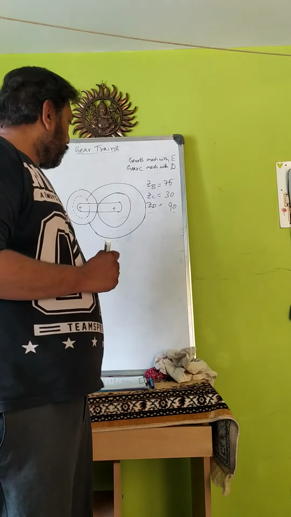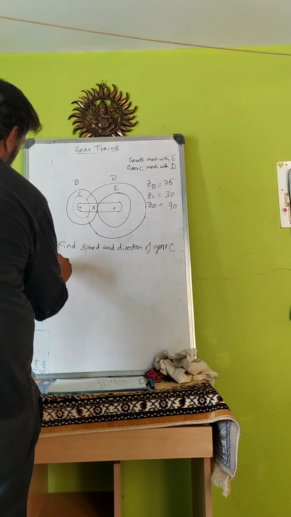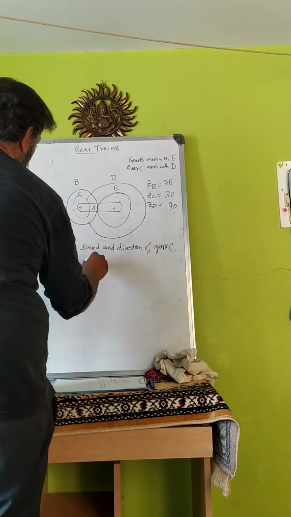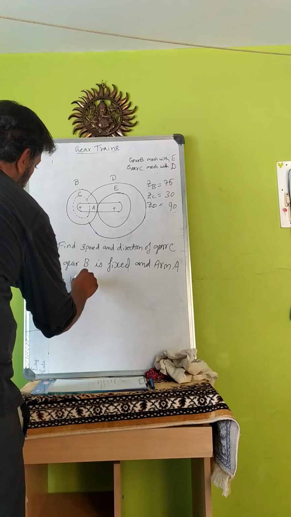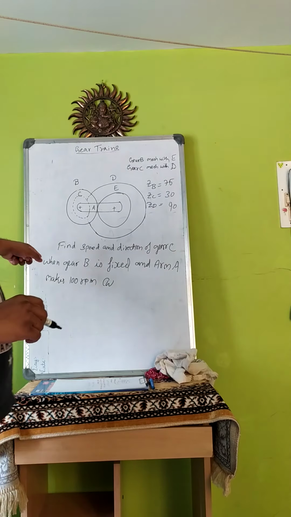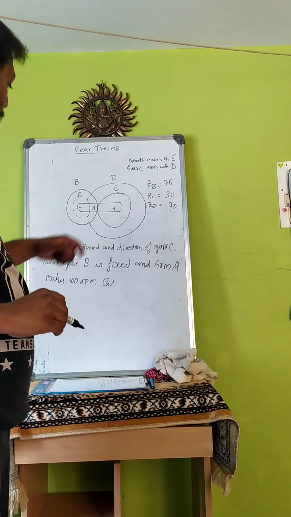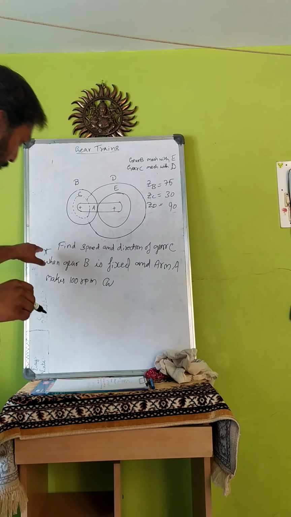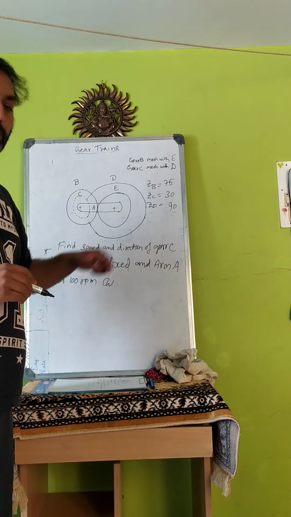The conditions are: gear B is fixed, and arm A makes 100 RPM in the clockwise direction. Okay, so this is the condition. That is, when gear B is fixed and arm A makes 100 RPM clockwise, under these conditions we have to find out the speed of gear C.